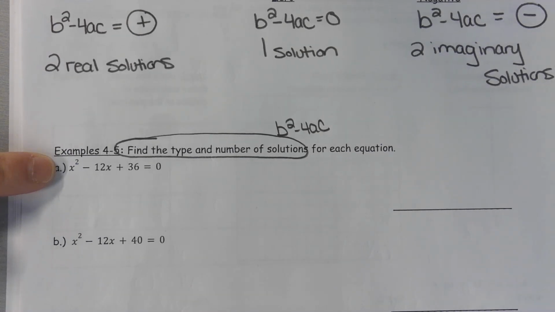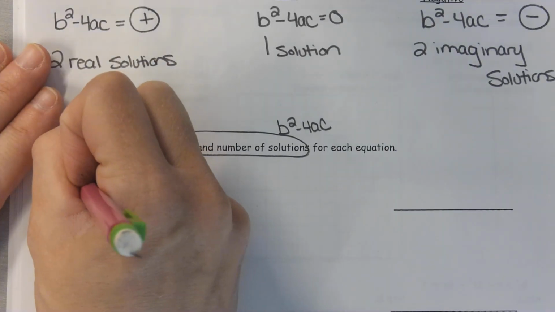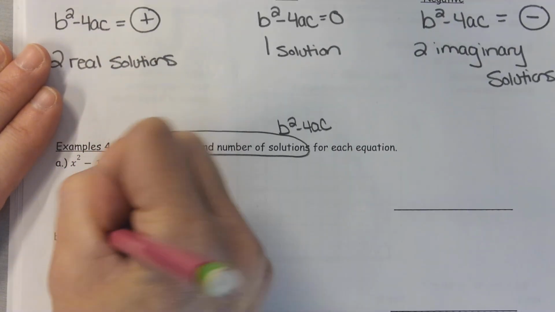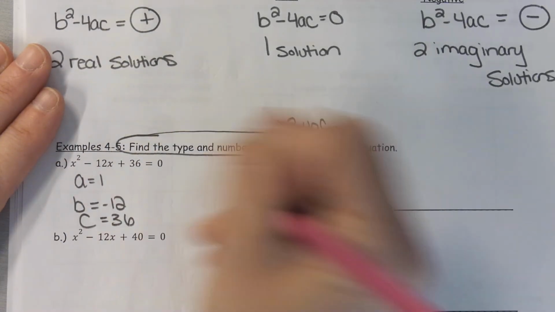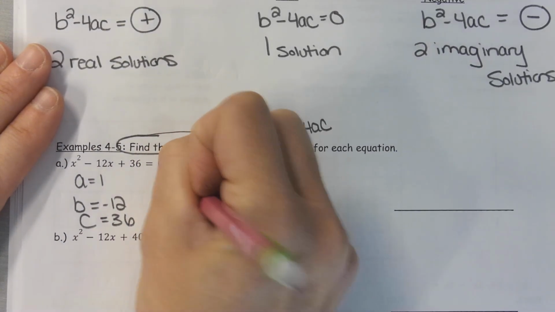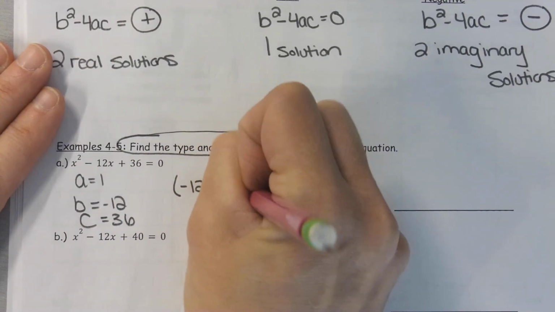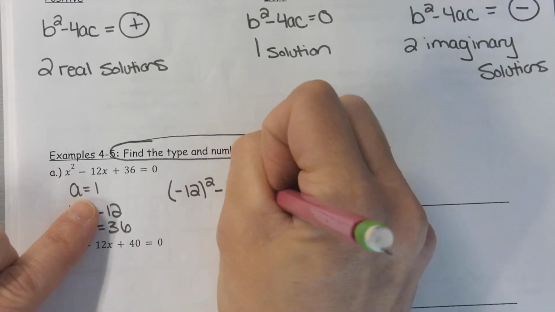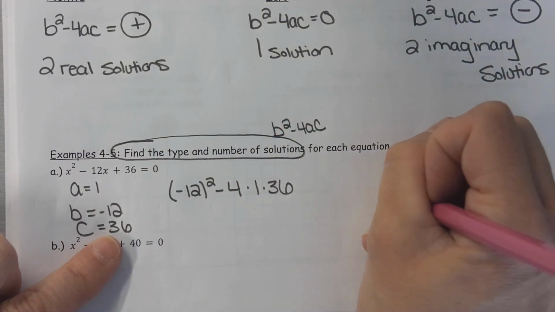All right, what is my a value for a? 1. What is my b value? What is my c value? 36. Okay. So we've got b squared. You still need to put it in a parenthesis house. Minus 4 times a. What's a? 1. Times c. What's c? 36. Let's see what we get.